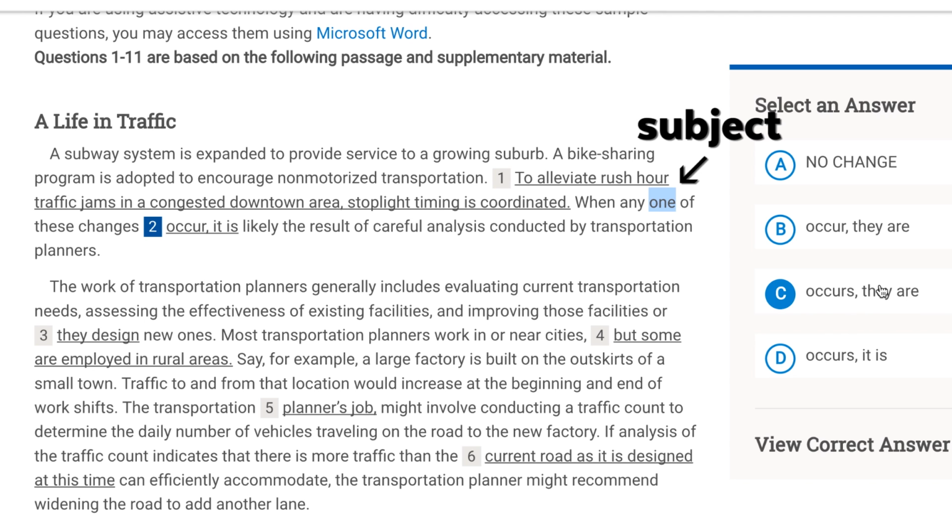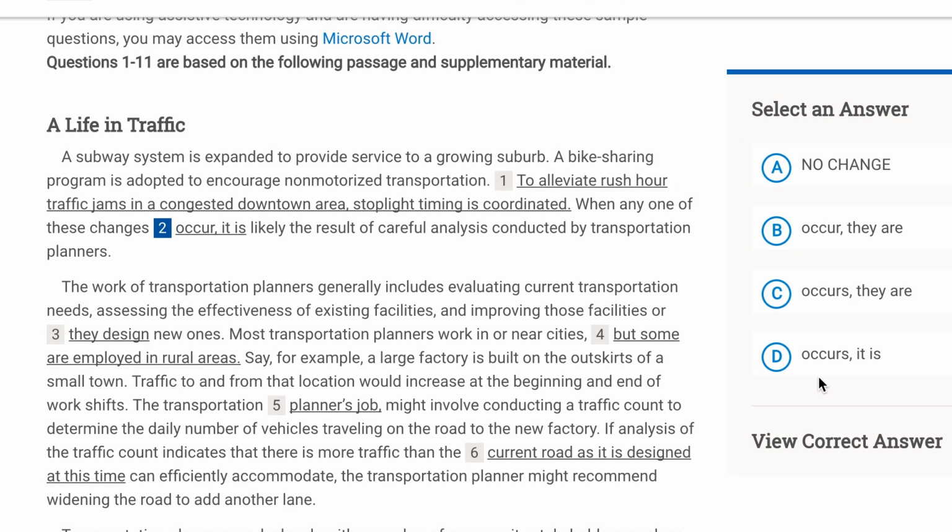Then I look at the next half and I say, is it they are or is it is? Well, that's called pronoun agreement. I have to figure out whether I need a they or an it. So let's read this whole sentence and we're going to figure out whether it's going to be the it or the they. When any one of these changes occur, it or they are likely the result of careful analysis conducted by transportation planners. So here's what we have to figure out. What is likely the result of this careful analysis conducted by transportation planners?